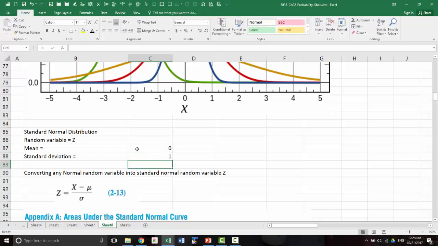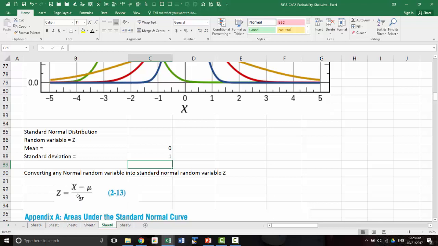The reason for its importance is that all normal distributions can be converted to an equivalent area in the standard normal.